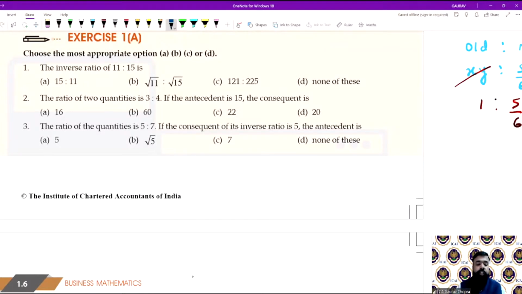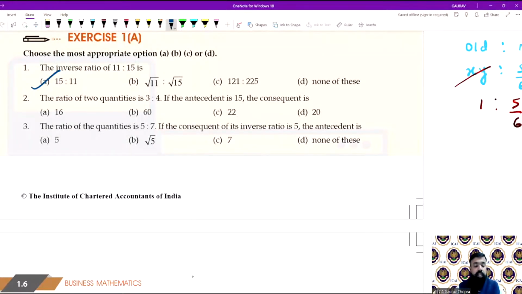It will be 15:11. Yes, most of you have given the answer, option number A, that is 15:11.